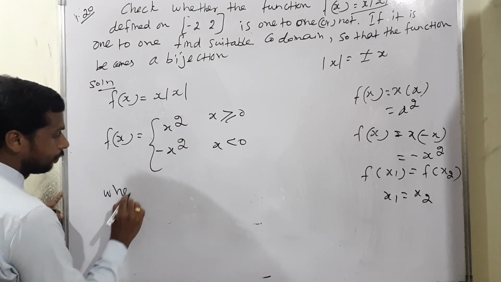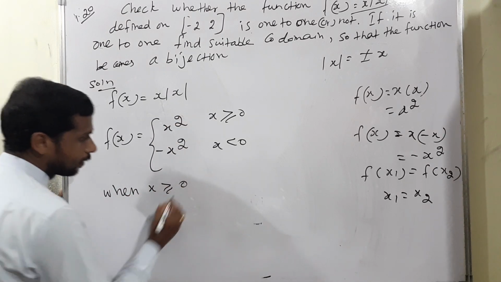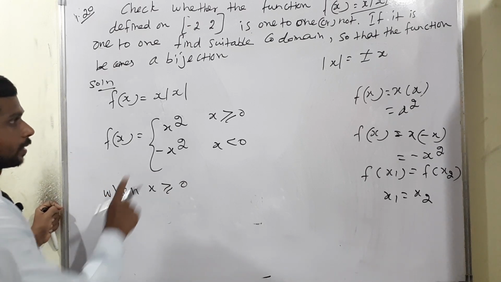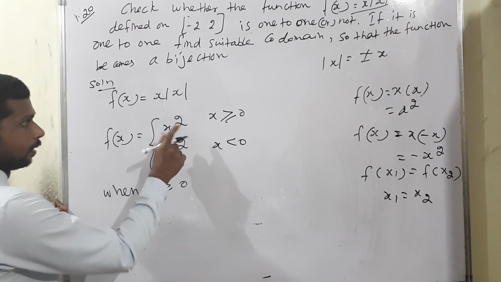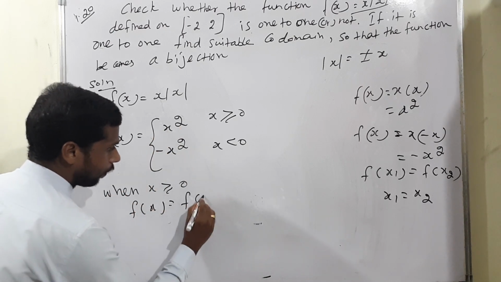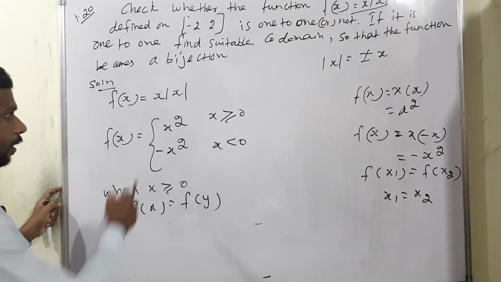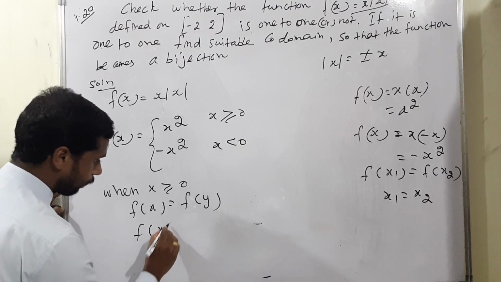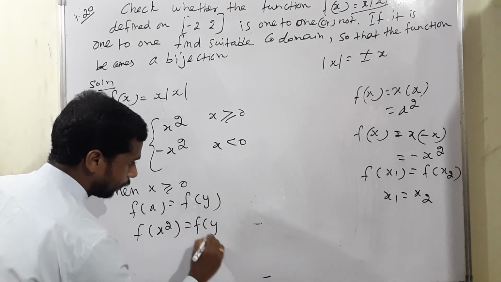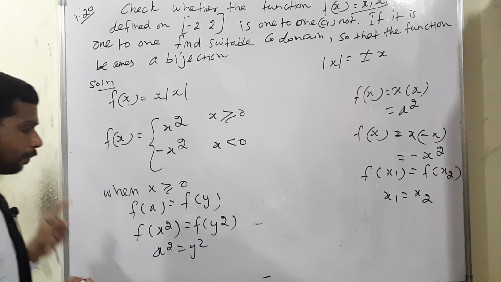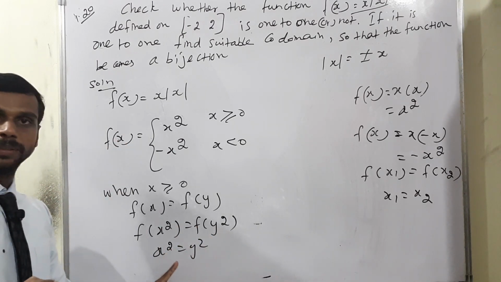The first category, when x is greater than or equal to 0. So x greater than or equal to 0 means positive, isn't it? So positive means we have x square. Therefore, take f of x is equal to f of y, means x square is equal to y square. If you remove the square, definitely plus or minus value.